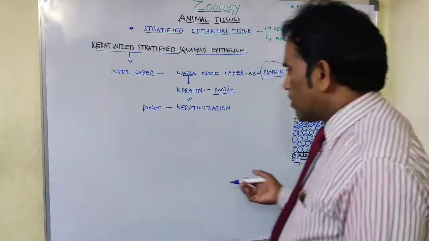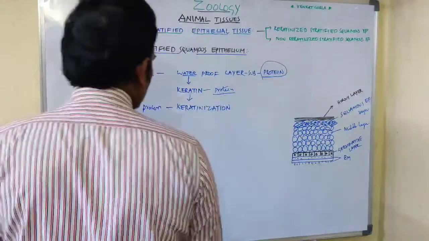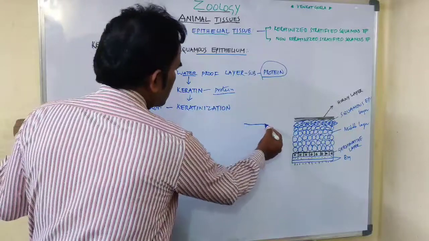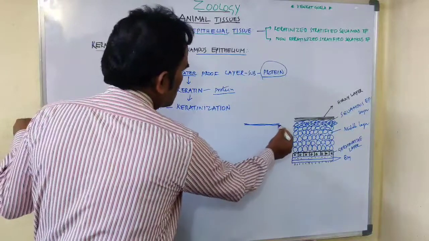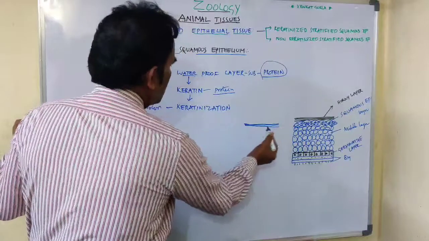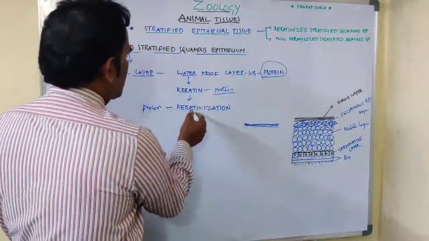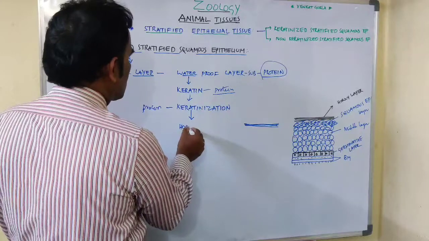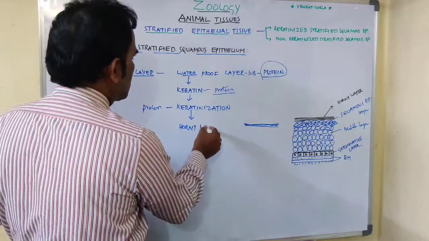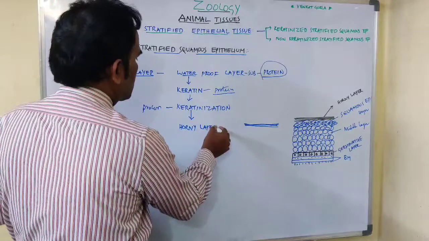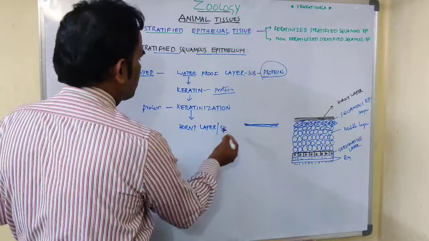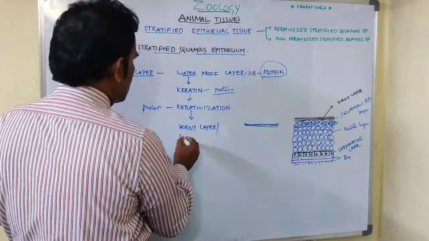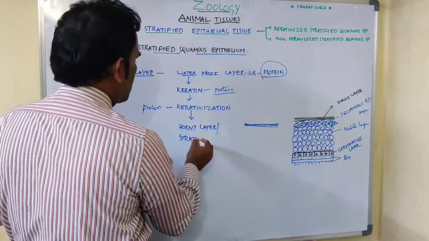Now, this is the horny layer, the keratinized protein layer, or we can say stratum corneum.